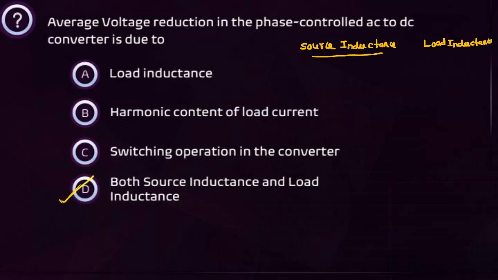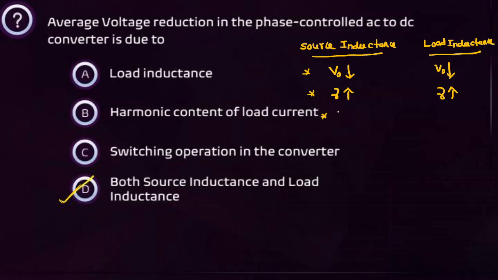If we consider the source inductance and load inductance, due to source inductance the average voltage is reduced. Due to load inductance also the average voltage is reduced. The conduction angles increase. With load inductance also the conduction angle increases.